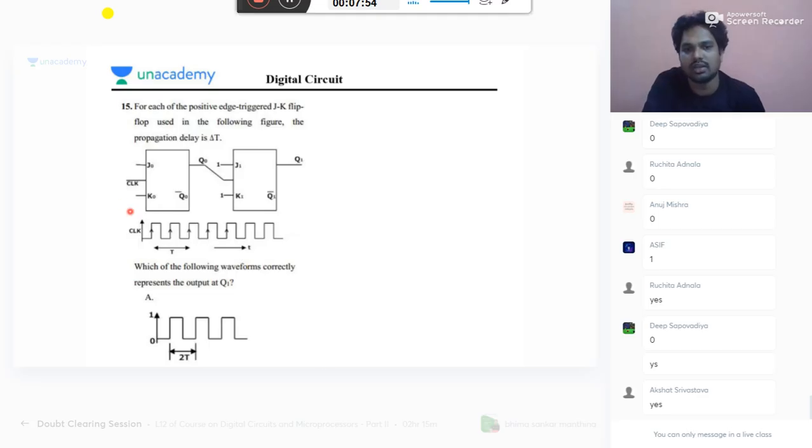In this question, please read this question. For each of the positive edge triggered JK flip flops used in the following figure, the propagation delay is delta t. Like TPD, it is delta t. You have J0, K0, J1, K1 connected to 1. Here positive edge triggered flip flops, Q is connected. What is this, up or down?